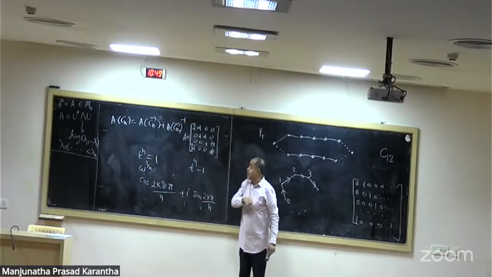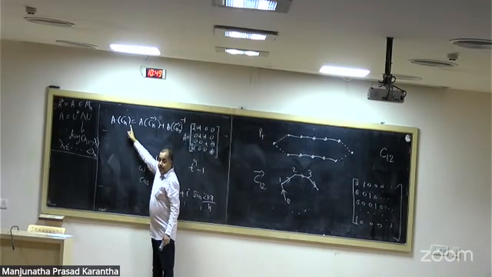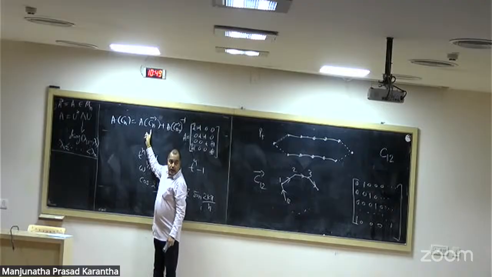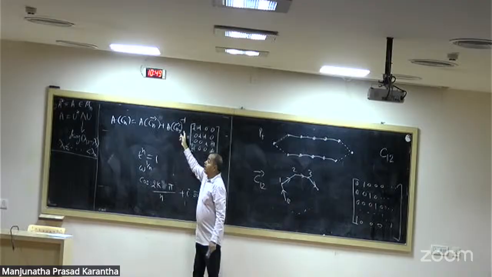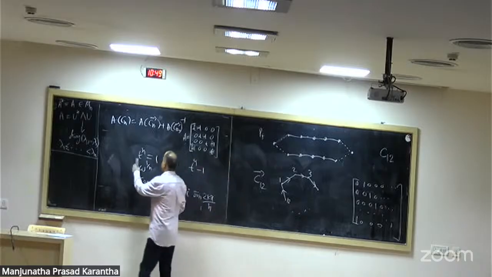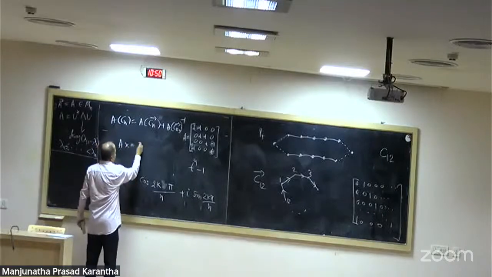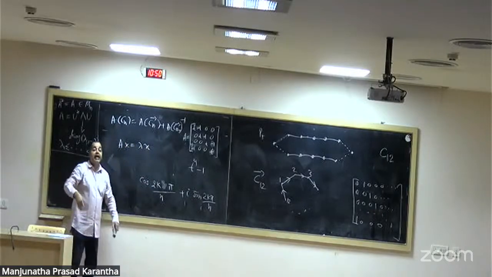And hence, if something is an eigenvalue and eigenvector for this, in the inverse, the same eigenvector will work for 1 by that. That is, suppose Ax equals lambda x and A is invertible.